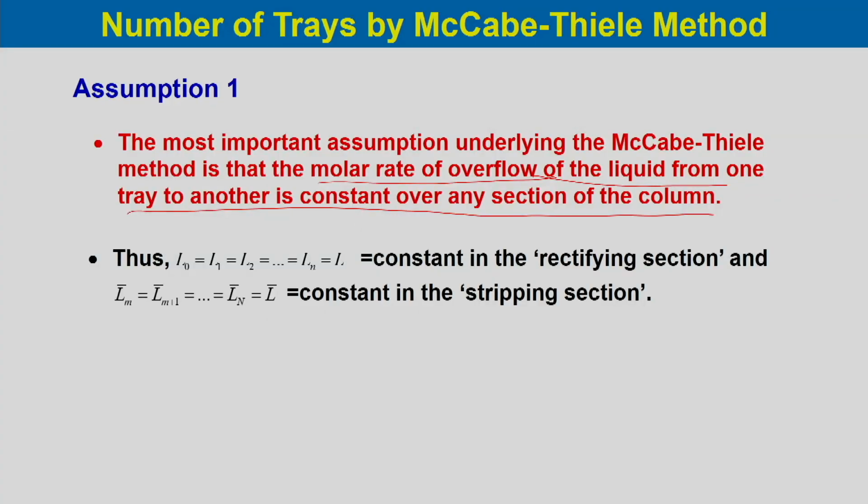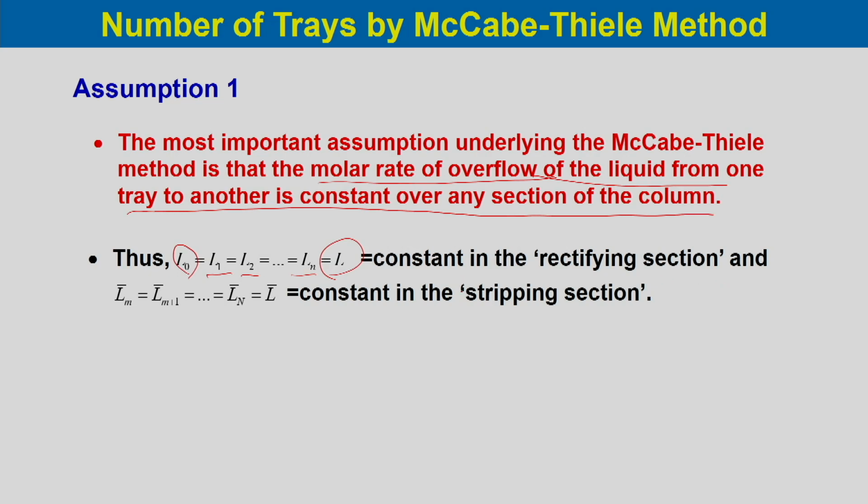So, with these assumptions, if we consider the feed entry, the liquid from the top of the column is L0 and that will change to L1, L2 up to Ln. All these flow rates in each tray will be equal, so we can write it as L by removing the subscript, and we call it constant in the rectifying section.